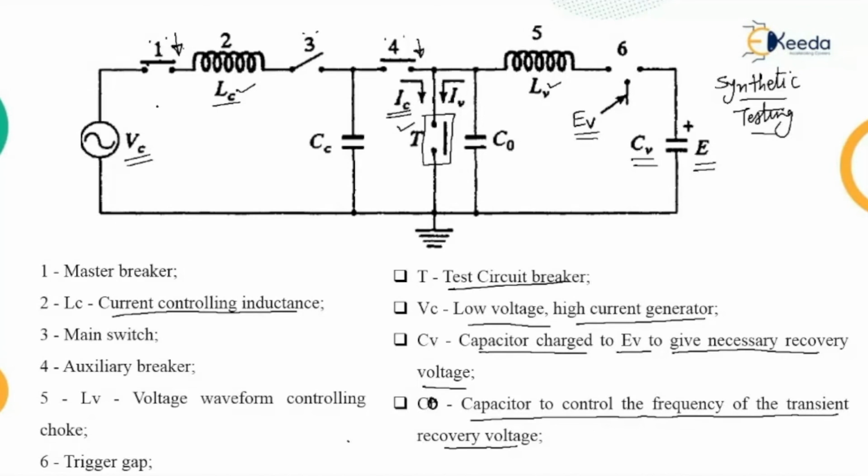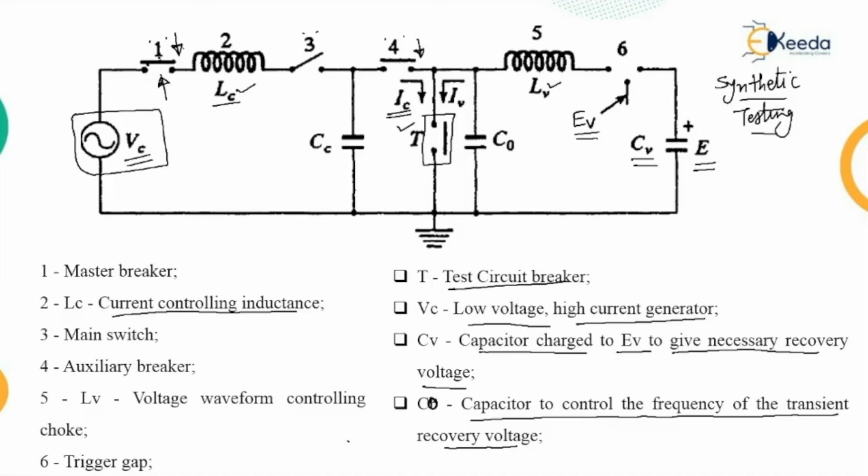Initially, this is the instant of T0. The test circuit breaker T begins to operate, and master circuit breaker 1 becomes ready to clear the generator circuit.